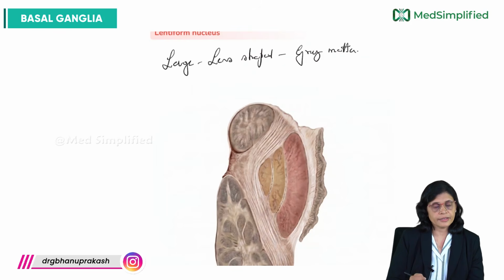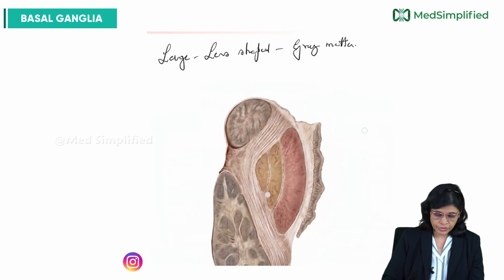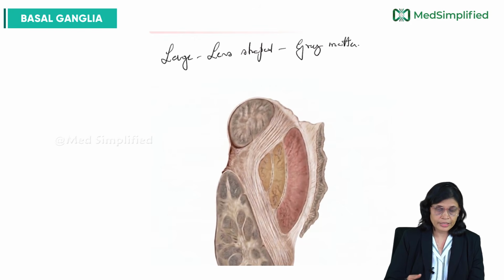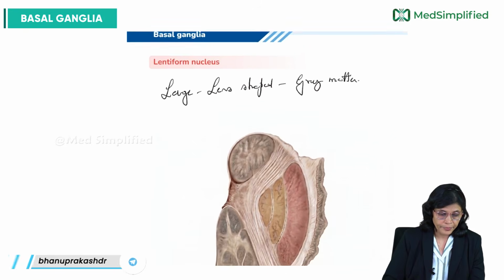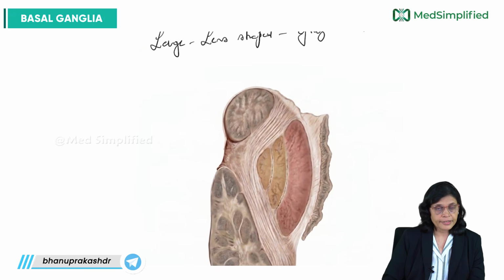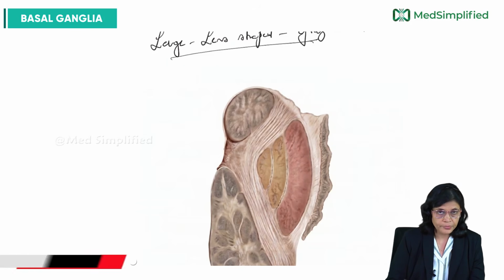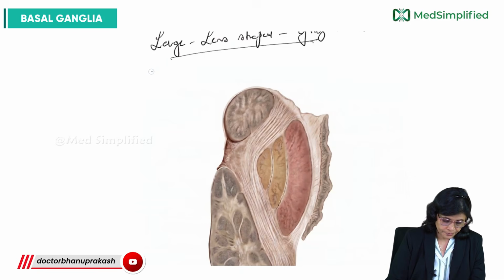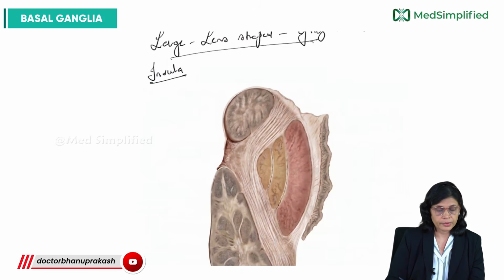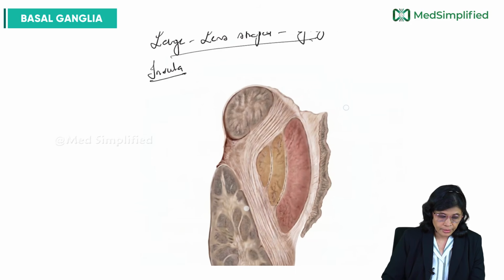Nuclei in the central nervous system are nothing but grey matter, a collection of nerve cell bodies, which is why the term ganglia is used too, although ganglia usually refers to a collection of nerve cell bodies outside the central nervous system. The lentiform nucleus is seen beneath the insula, the hidden lobe of the cerebrum.